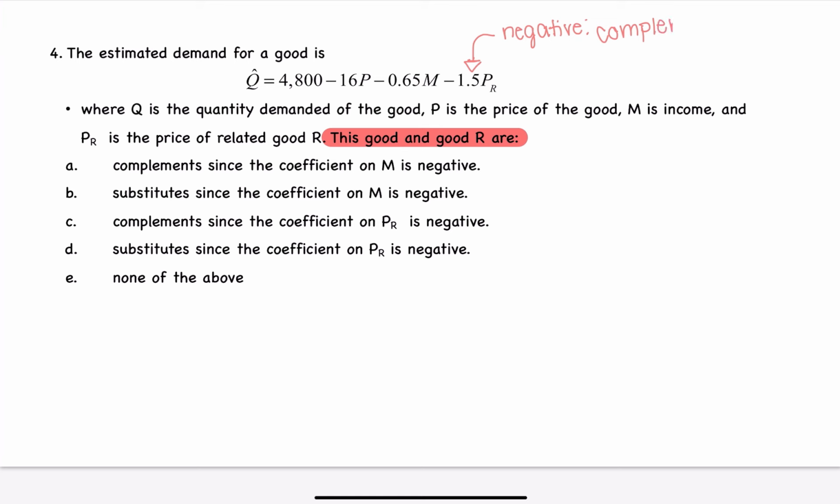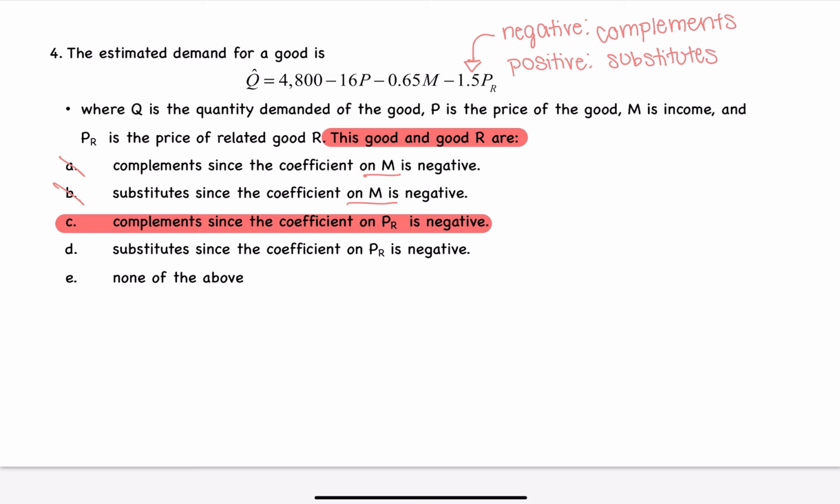If it's positive, then they are substitutes. And since we're caring about the relationship, we don't care about the coefficient in front of M. We care about the coefficient in front of our PR. And since it's negative, we know that they are complements, so our answer is C.